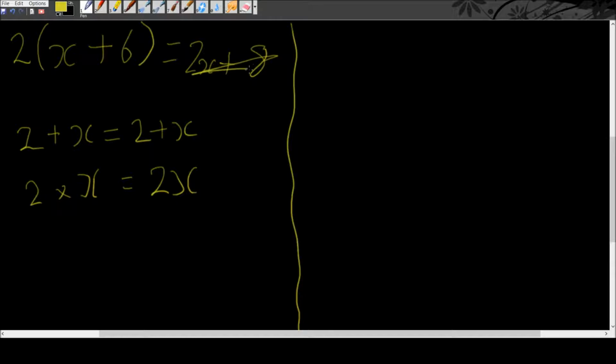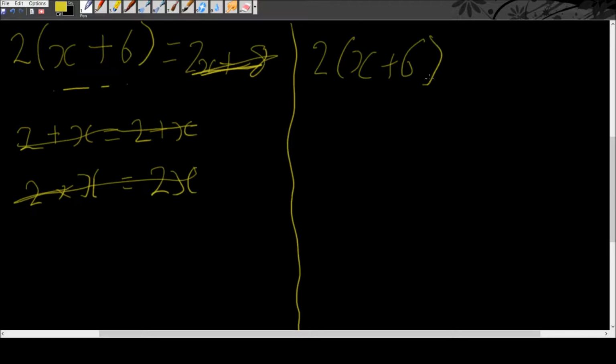We are always multiplying. We are not adding. So 2 brackets x plus 6 will give you 2x plus 12, because you are multiplying. You are not adding, you are multiplying.